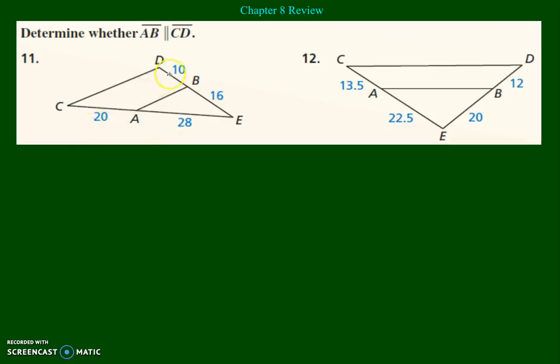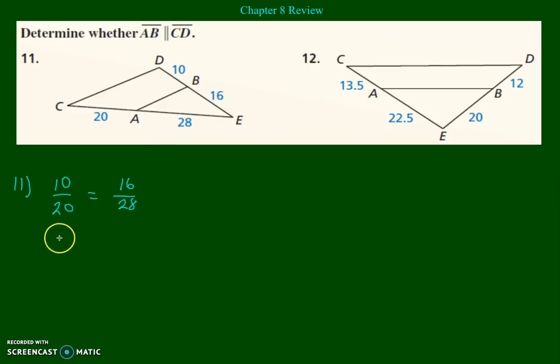We can set up a proportion any way we want. We can use 10 to 20, 10 to 16, any way we like. So I like this 10 to 20 here. So for number 11, we're going to say 10 is to 20 as 16 is to 28.